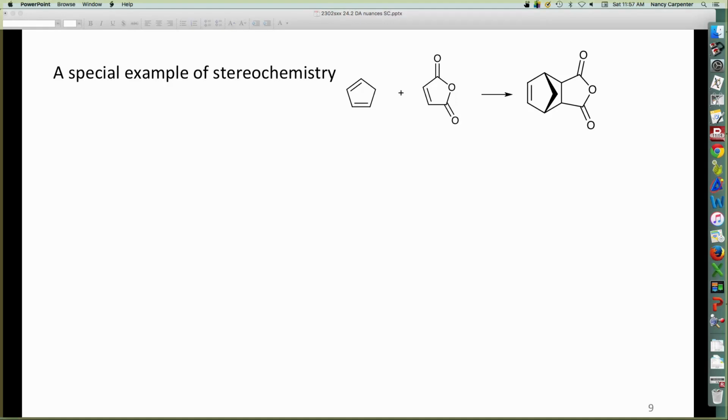It's kind of hard to draw this, but basically, if I show my electron movement arrows for my Diels-Alder, what's happening here is I'm tipping this bridgehead, as we call it, up in the air. So here is my cyclopentadiene. Oof, that's kind of hard to see. And here, obviously, is my cyclohexene ring.